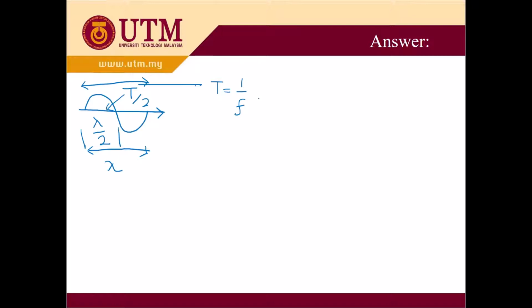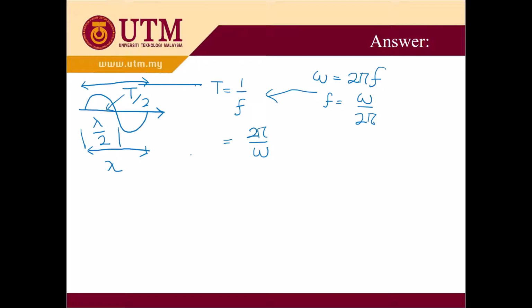We don't know the frequency, but we have the radian frequency omega. Omega equal to 2 pi f, right? So f should be omega divided by 2 pi. So T is the opposite: 2 pi over omega.